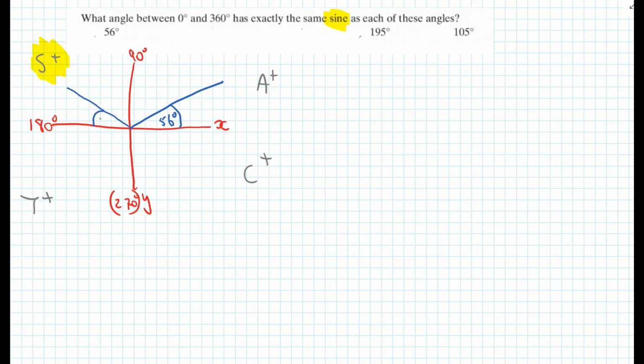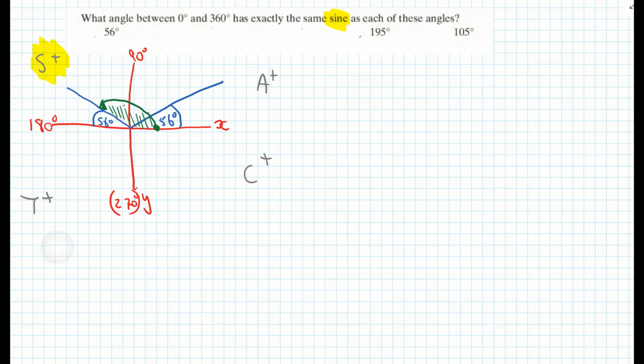It's going to be here at 56 degrees. Now I need to find what that angle is if I was to start at 0. So imagine I was here on my x-axis and I was to go all the way back to this line now. What's the value of that angle?